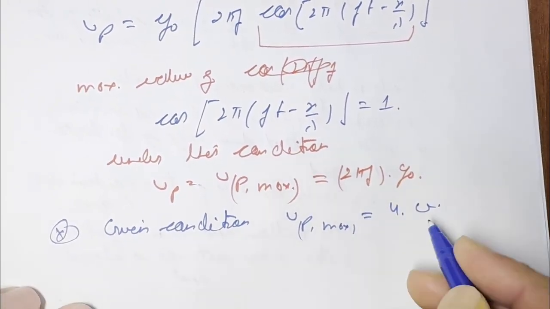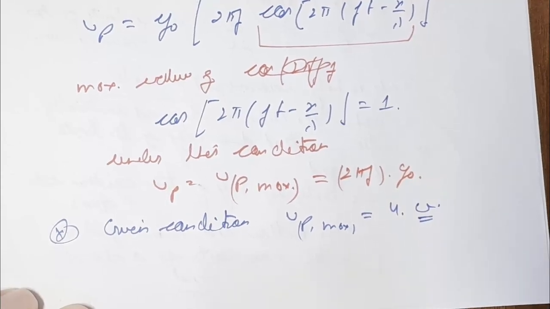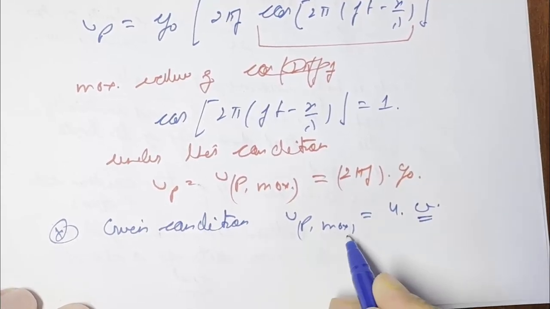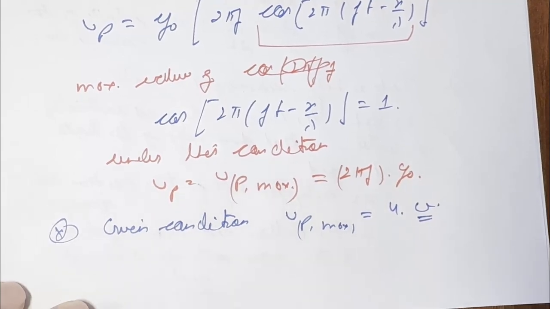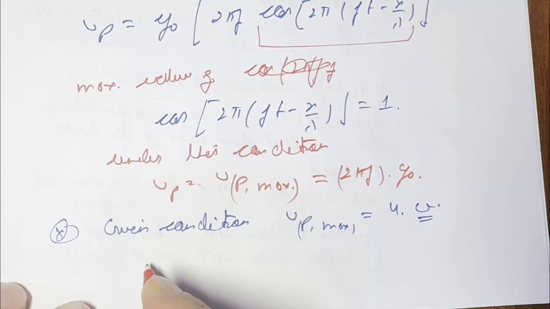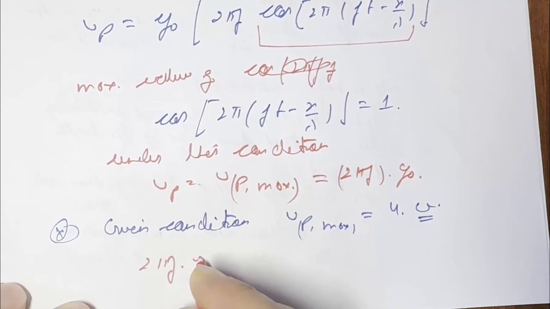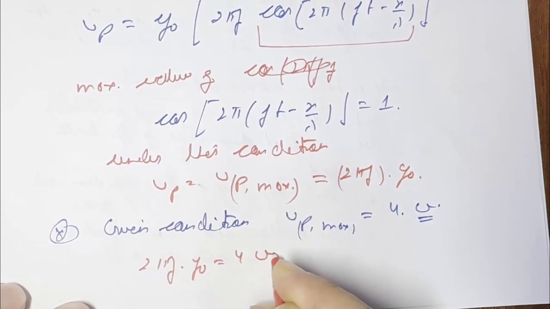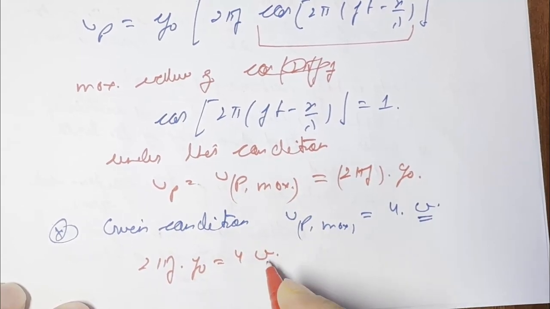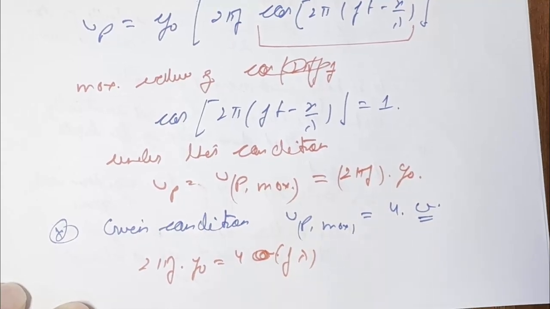So we substitute both values, the wave velocity as well as the maximum particle velocity. We get 2 pi f y naught is equal to 4 multiplied by v, and v is f multiplied by lambda. So we have to find out what lambda will be.